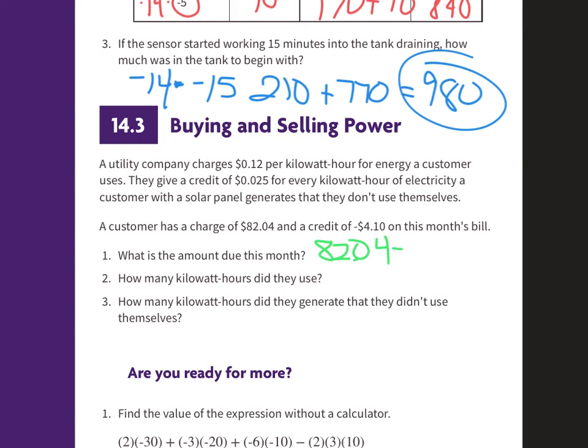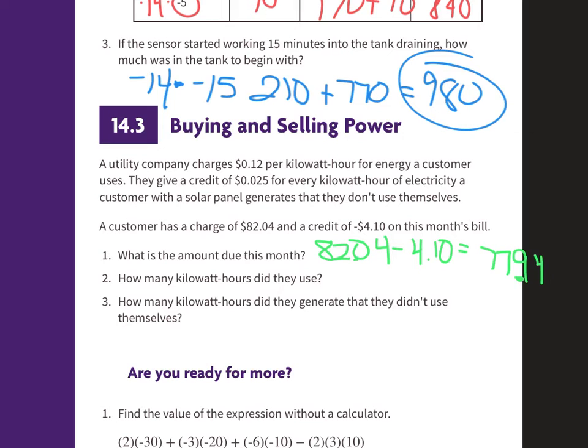So we go 82.04 minus $4.10. Pull out my calculator one more time. 82.04 minus 4.10, $77.94. All right, how many kilowatt hours did they use?